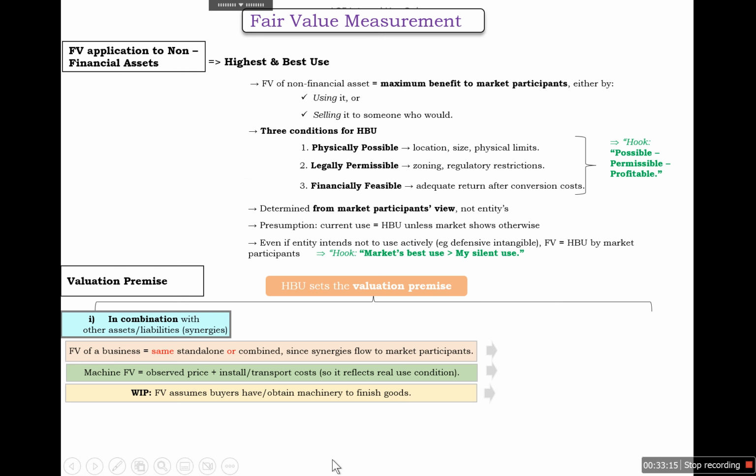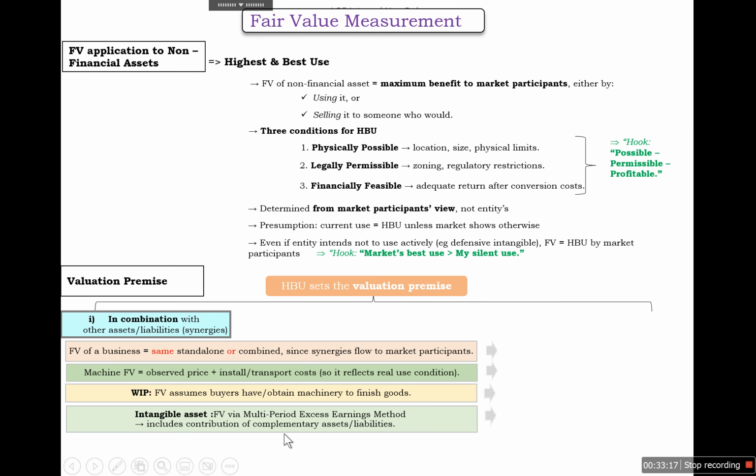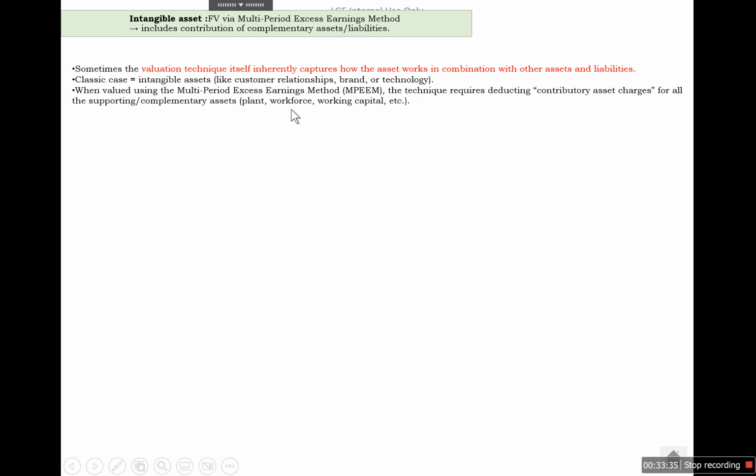Next is about intangible assets, where some specific techniques are used, such as the multi-period excess earnings method. When we evaluate an intangible asset, we include the contribution of complementary assets and liabilities. Here we think that intangible assets cannot provide value independently.